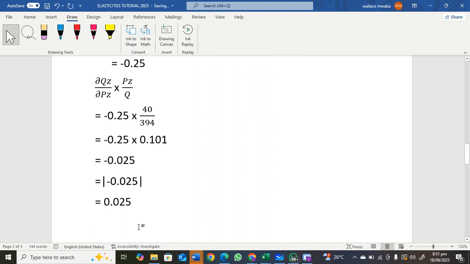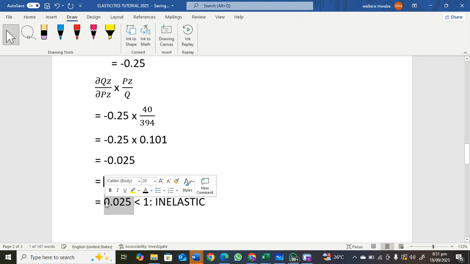So since this value is less than 1, it tells us demand for this good is inelastic. Okay. Because this value we've calculated, 0.025, is less than 1, we know demand for the good is inelastic.